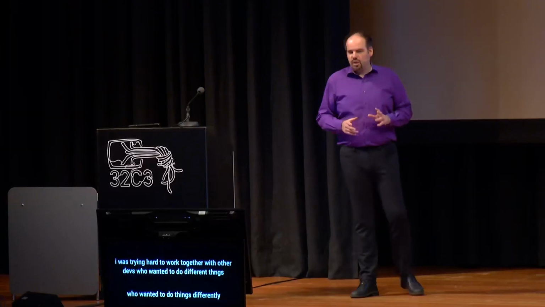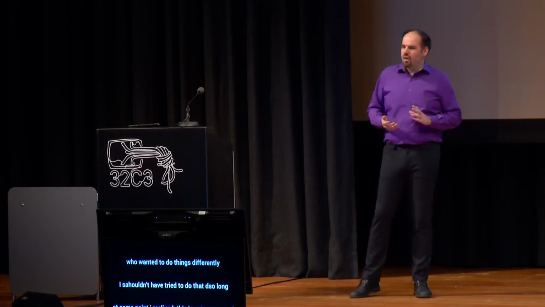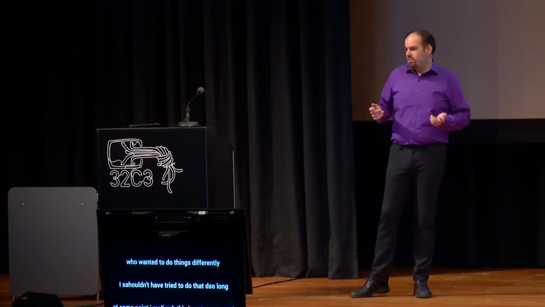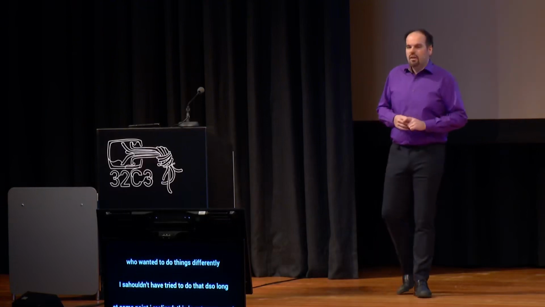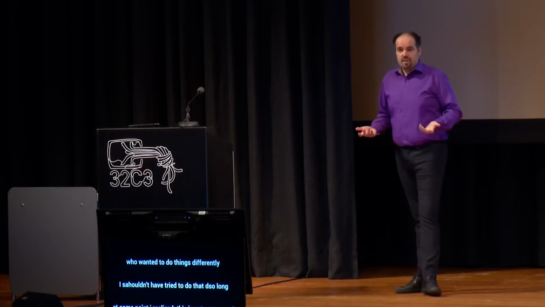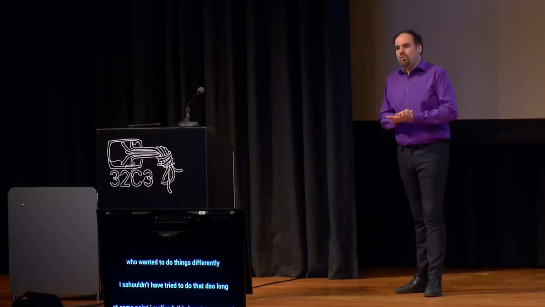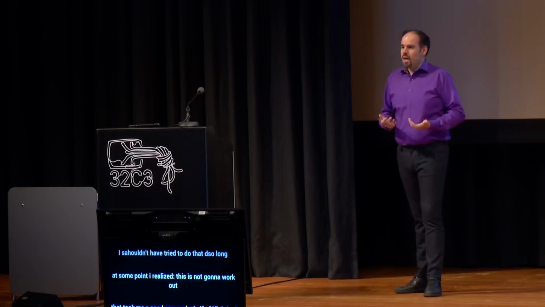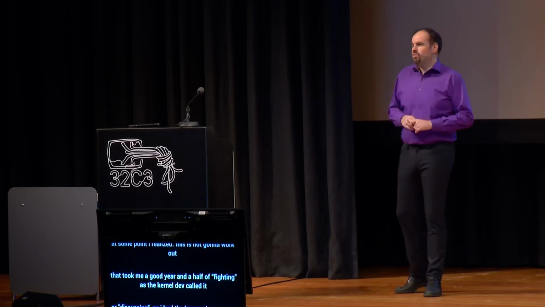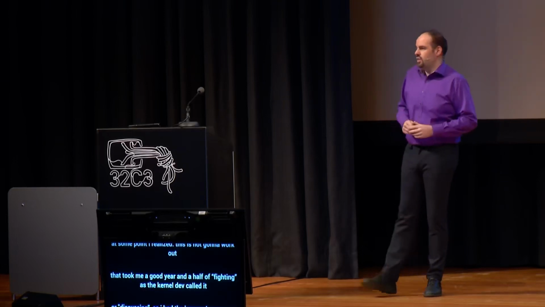But that took me like a good year and a half of fighting, as this kernel developer called it, or discussing as I had the impression that we were doing. But that wasn't how it was perceived on the outside. On the outside, they had a lot of negativity come out of these pretty intense discussions.